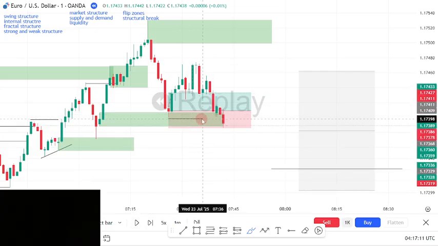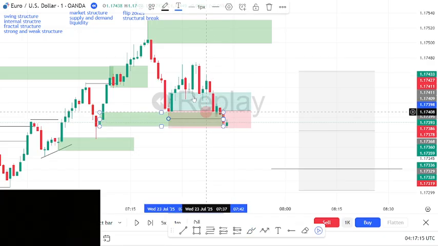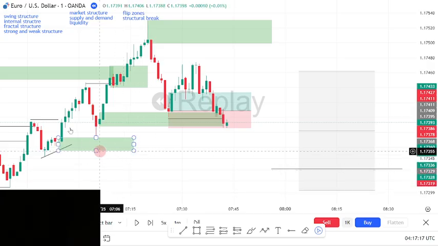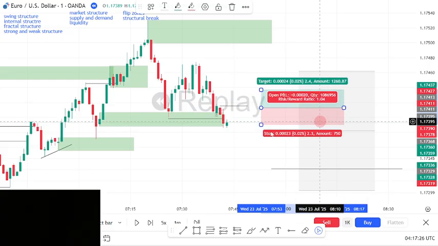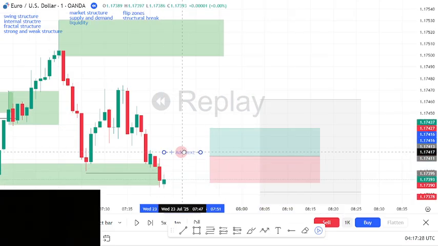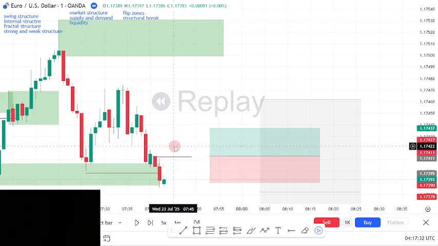Okay, so now this low is broken. The moment this low breaks, then we have to adjust our change of character. Okay, this one closed below this. This candle failed to close below this candle, right? This candle failed to close. I think it failed to close below.